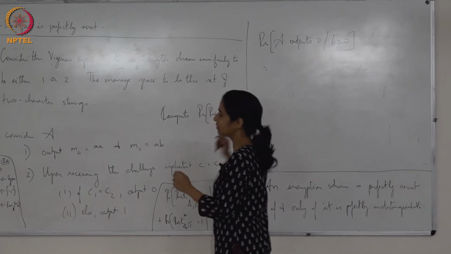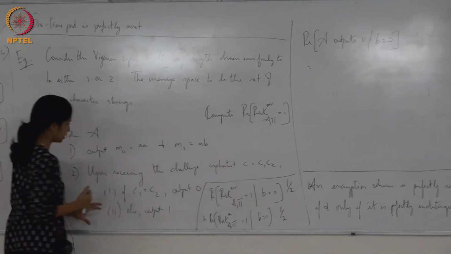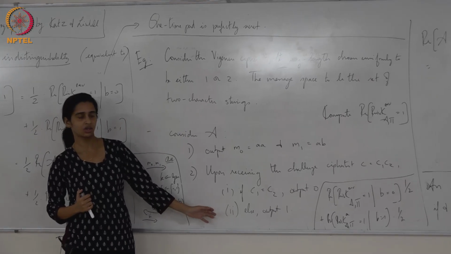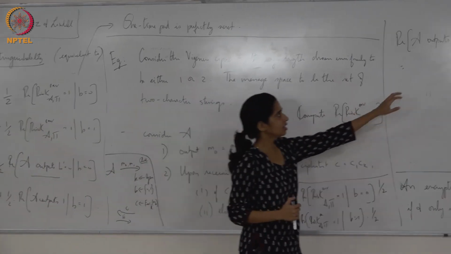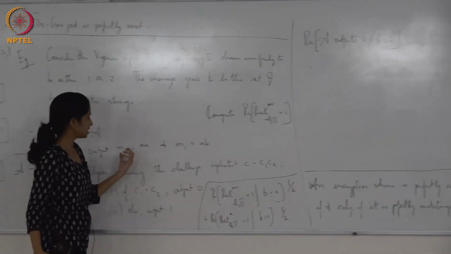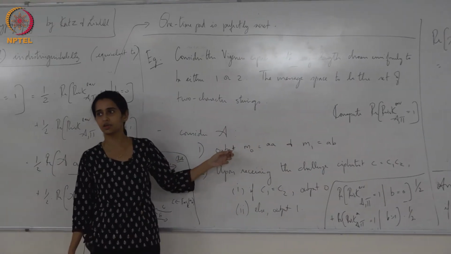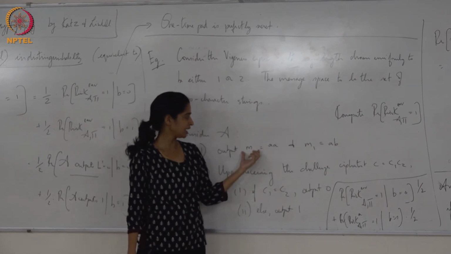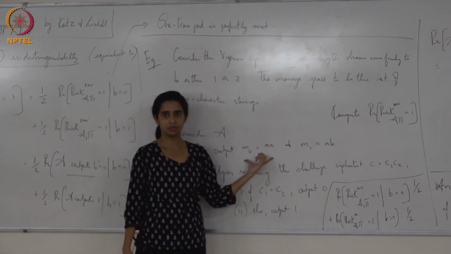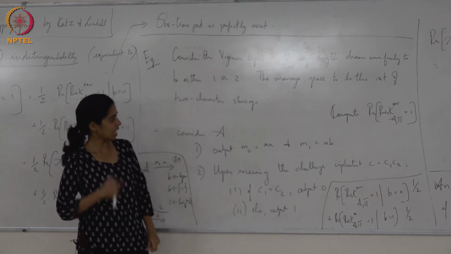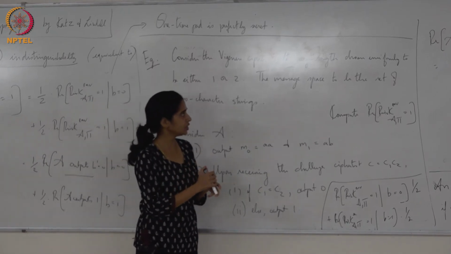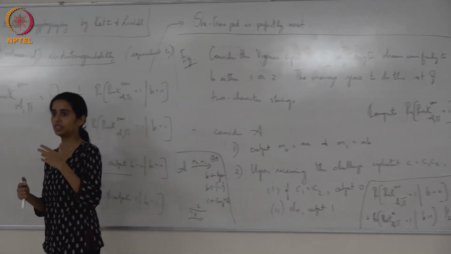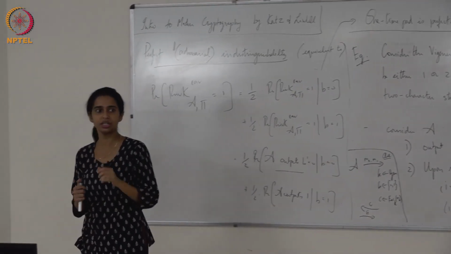We know the A we are considering follows this strategy. And b equal to 0 implies which among these two messages is getting encrypted? m0. So b equals 0 implies that m0 is getting encrypted. Now what is the probability under which A outputs 0 when m0 is getting encrypted? You can think about it for a minute.